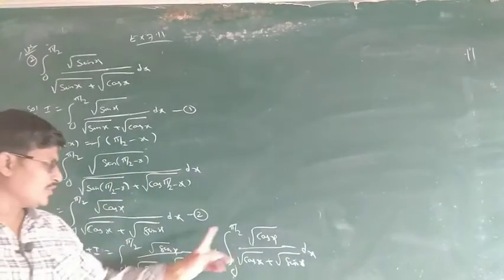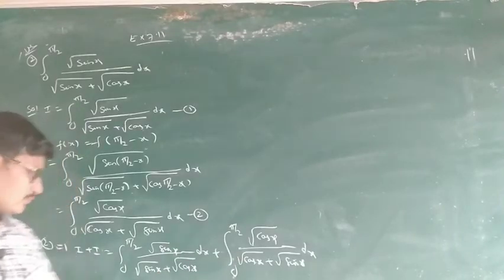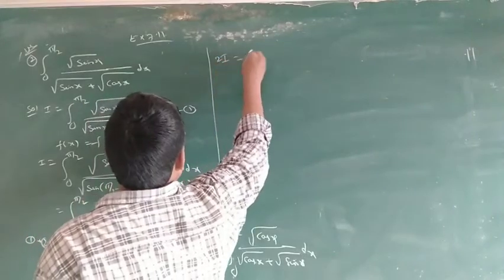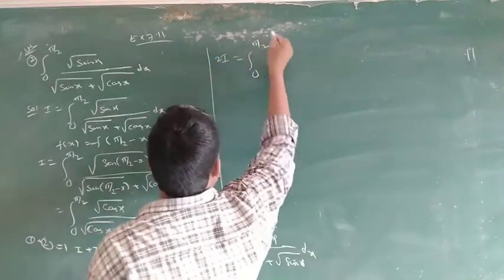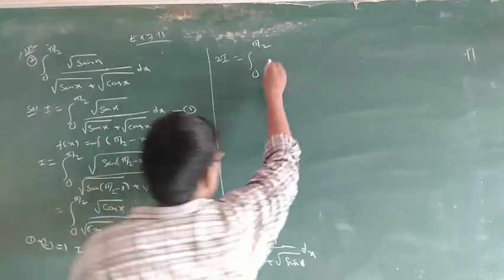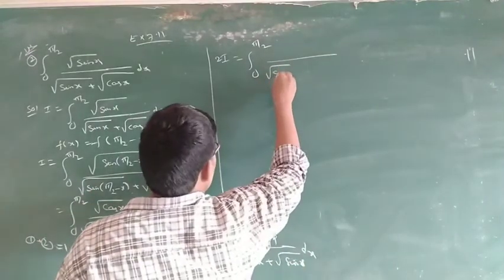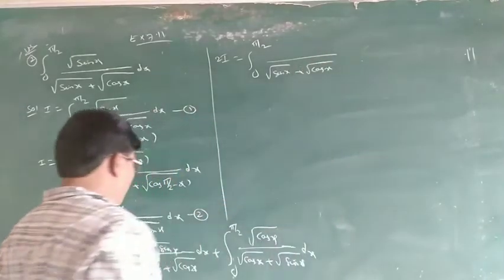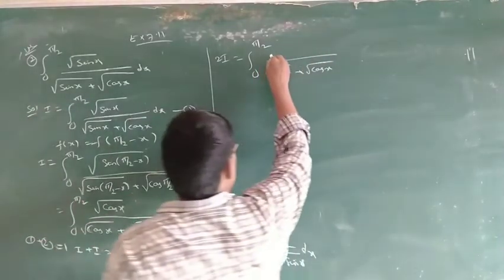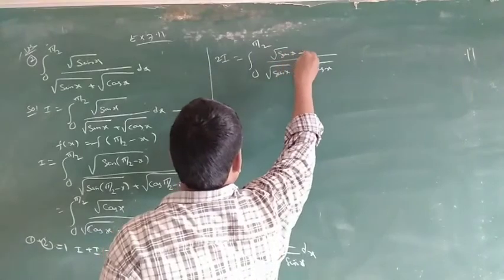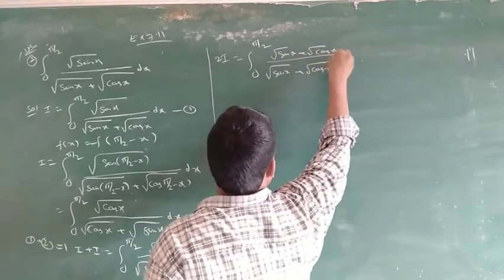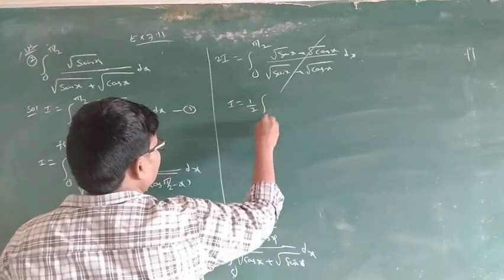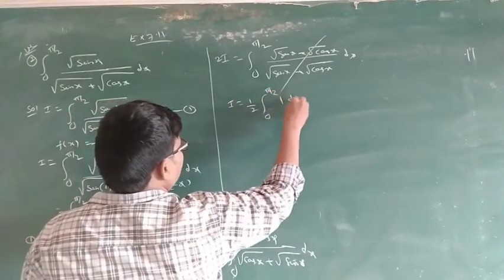Integrals same, denominator same. So 2I is equal to a single integration with the same denominator, root sin x plus root cos x, so it cancels.